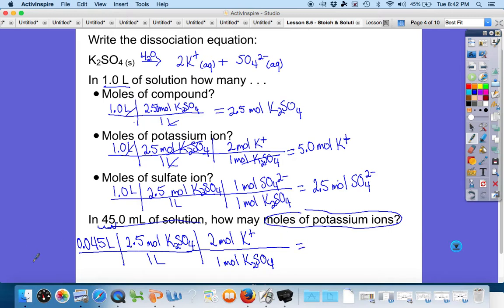So we need to take 0.045 times 2.5 times 2, and you should get 0.225. There should be 0 after that. 0.225 moles of our potassium ions. So we can see that when we have a different starting volume, that's going to change the number of moles of our ion.